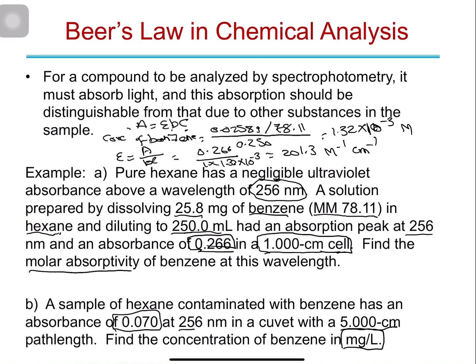When you find a question like that, you need to be careful because the question here is asking you about the concentration in milligram per liter, not the molar concentration. If you answer the question and you get the molar concentration as how many moles per liter, or molar, and you didn't convert that into milligram per liter, you are not getting the full mark on your question. You're only getting part of the mark.